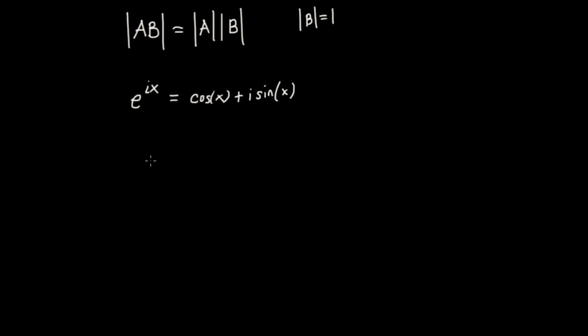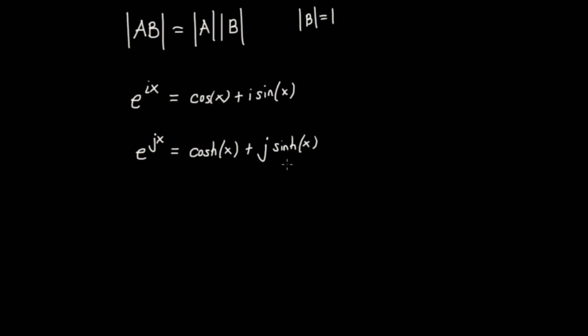Now in the split complex numbers, if I take j times x and I take e to the jx, there's an analog to Euler's formula in the split complex numbers. And it turns out that that formula is e to the jx is equal to cosh x, where cosh is the hyperbolic cosine, plus j times sinh x.